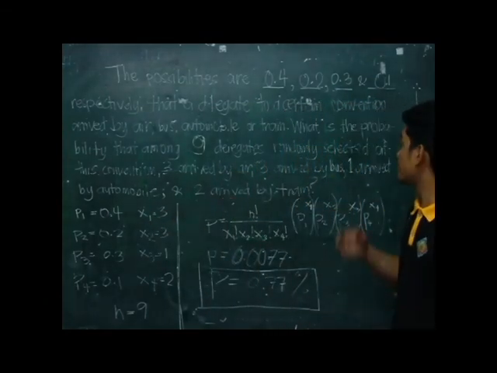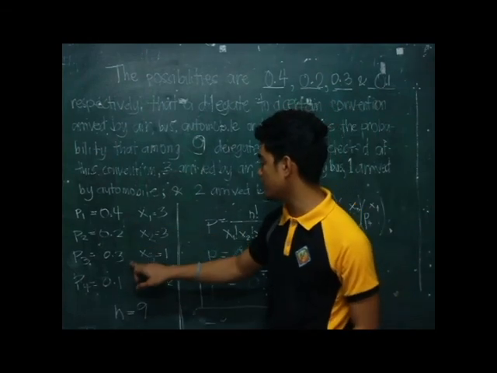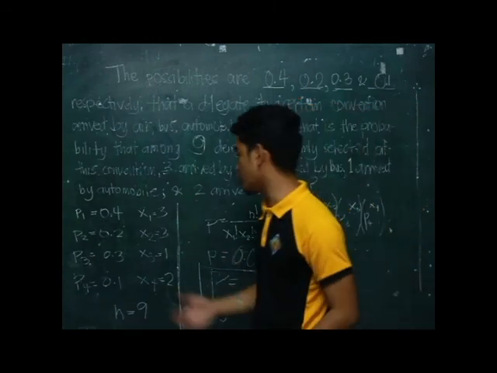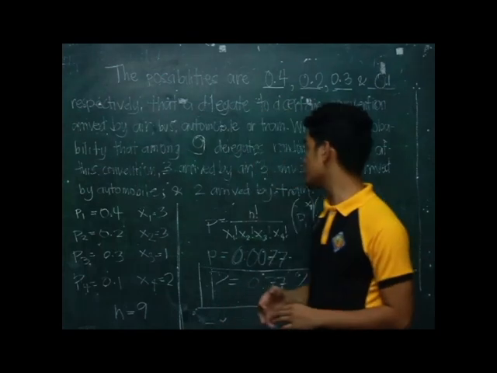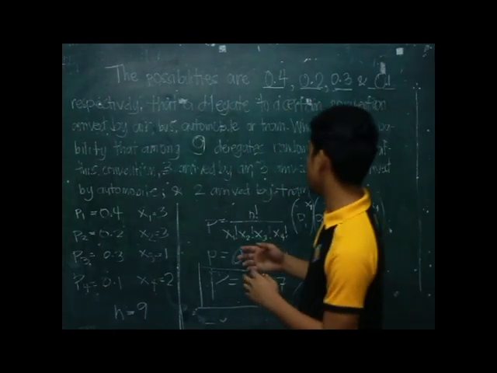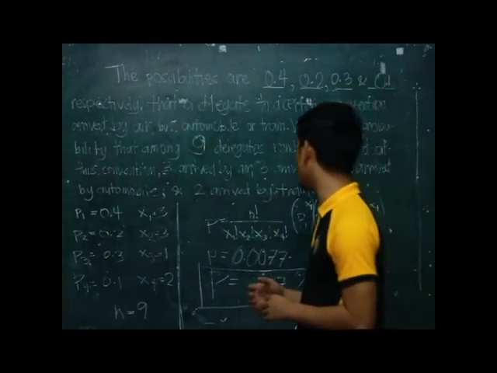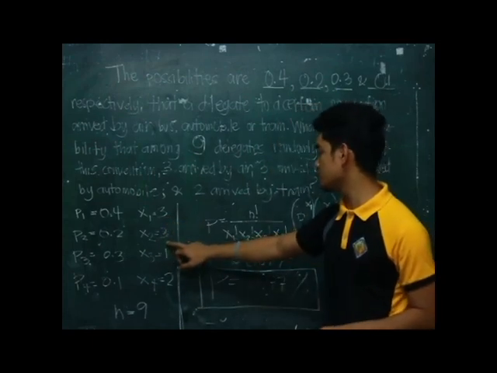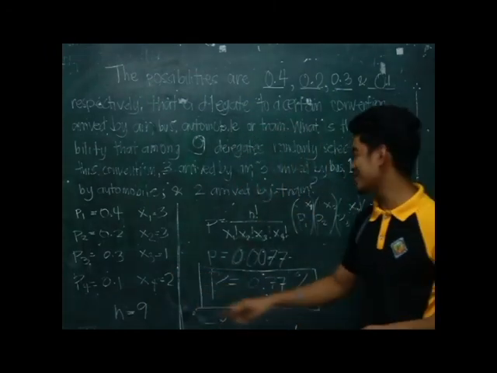So we have the probabilities: 0.4, 0.2, 0.3, and 0.1, which are already given here. Then the outcomes are how the person may arrive, by air, bus, automobile, or train, where x sub 1 is equal to 3, x sub 2 is equal to 3, x sub 3 is equal to 1, and x sub 4 is equal to 2.